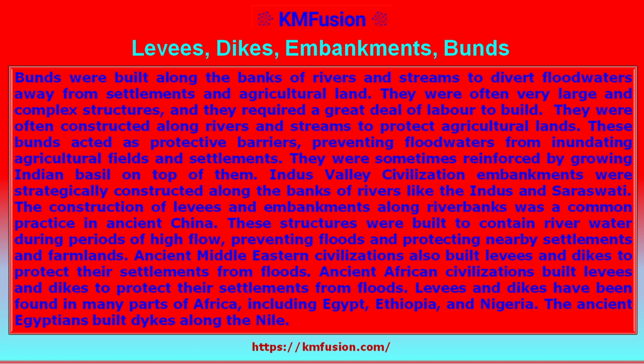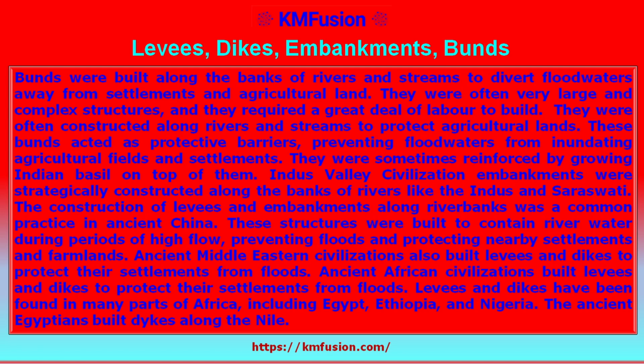Indus Valley Civilization embankments were strategically constructed along the banks of rivers like the Indus and Saraswati. The construction of levees and embankments along riverbanks was a common practice in ancient China. These structures were built to contain river water during periods of high flow, preventing floods and protecting nearby settlements and farmlands.